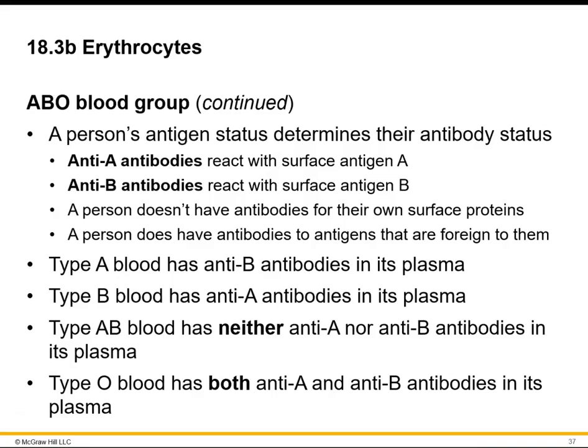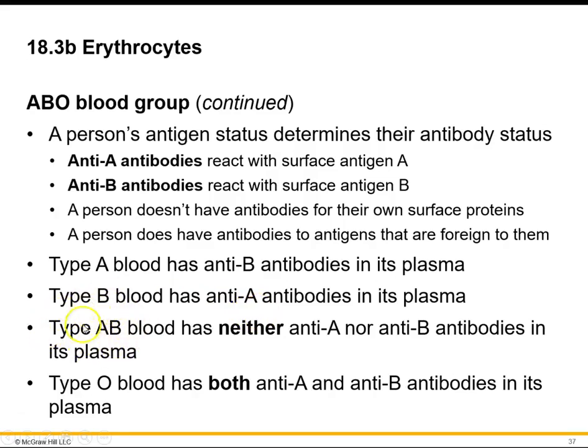What you do have are antibodies to antigens that are foreign to you. So a person with type A blood has the A antigen on their red blood cells, and they produce anti-B antibodies. A person with type B blood has type B antigen on the red blood cell surface and produces anti-A antibodies.